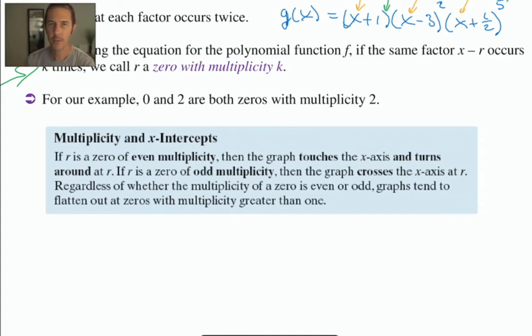If the multiplicity of a zero is odd, then the graph will cross the x-axis at that x-intercept. If the multiplicity of a zero is even, then the graph will come down and touch the x-axis and then go back up. Or maybe it will come up from the bottom, touch the x-axis at that zero, and go back down. We're going to see examples of that.